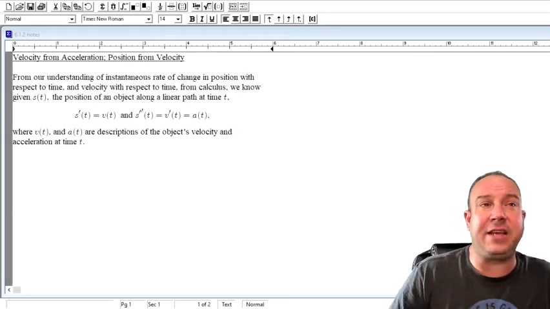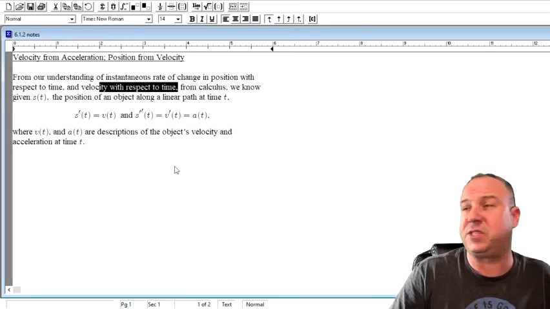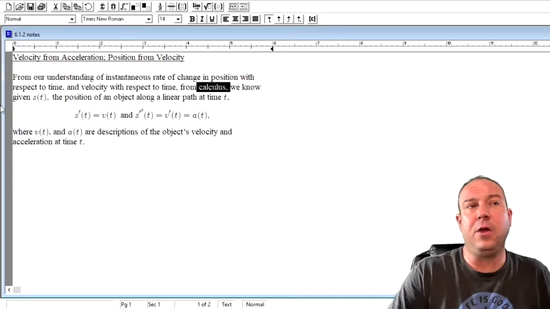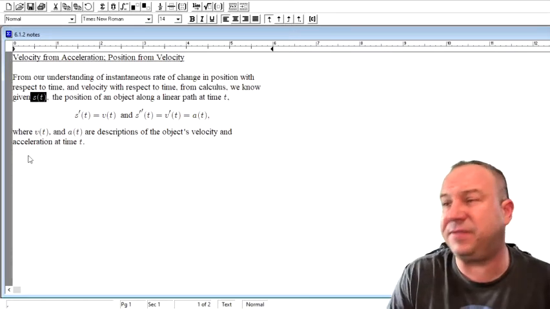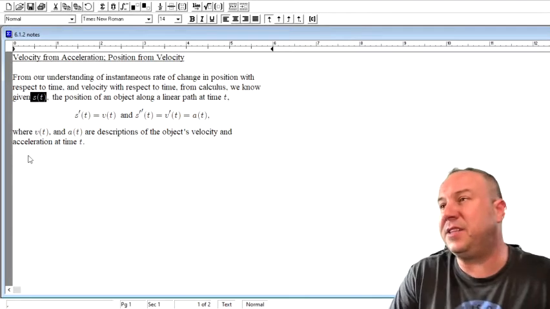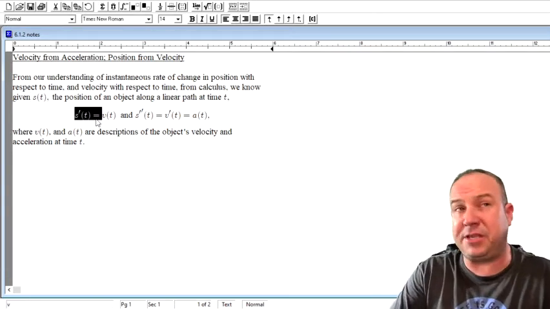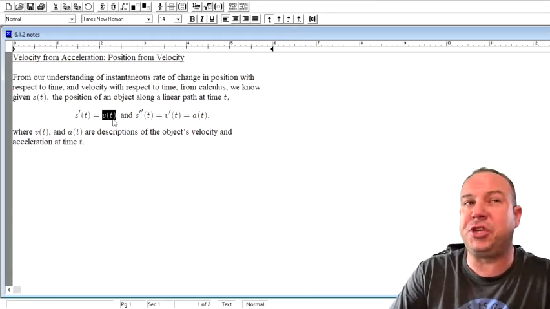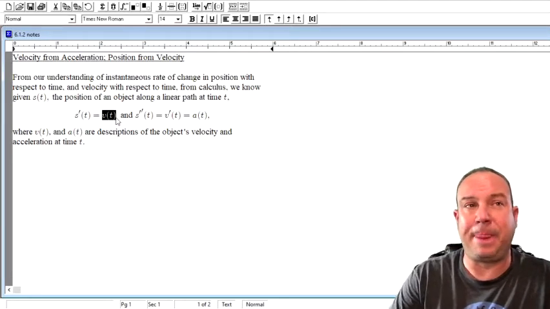From our understanding from calculus, we know that when we're given some description of position s of t, the instantaneous rate of change in s of t is given by s prime of t, which yields our description of velocity for motion along a line.